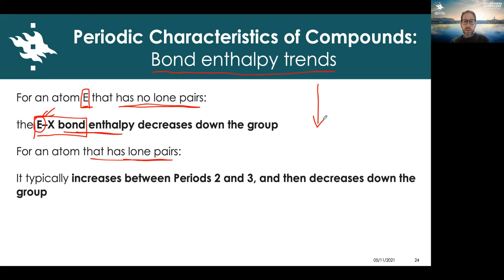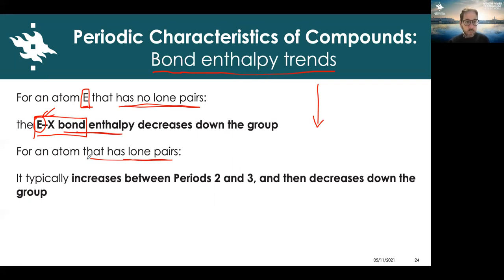And this is because when we go down the group, size increases, so these bonds tend to become longer in length because the atoms are farther away from each other, or the nuclei of the atoms become farther away from each other. So bonds that are bigger in size tend to be weaker.